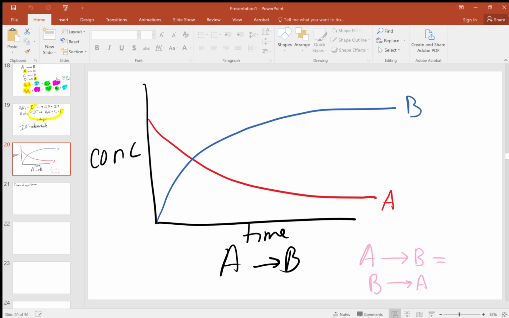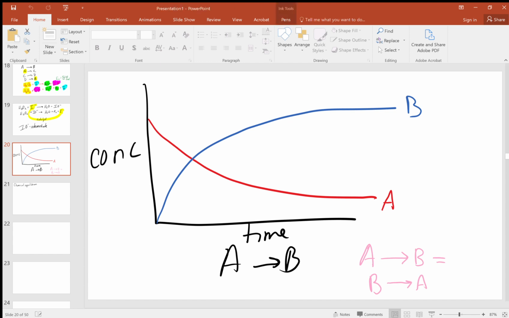So as we've said, for any reaction, at some point we can reach a point where the rate of the forward reaction, which is our reactants going to products, is equal to the rate of the reverse reaction, the products going back to reactants.